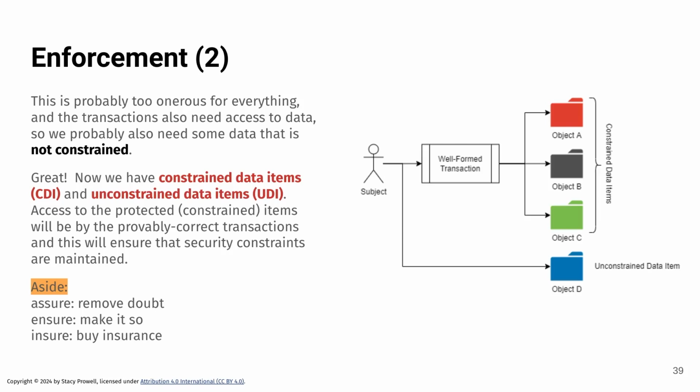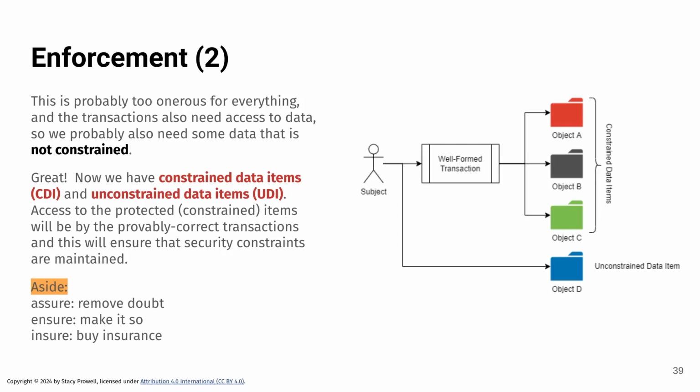Well, what we'd like to have is some data that is not constrained in this way. Some data has to be protected. We'll call those constrained data items, or CDI. But other data doesn't have to be. We'll call that unconstrained data items, or UDI. And access to protected items is by provably correct transactions, and those ensure that all these security properties are maintained.